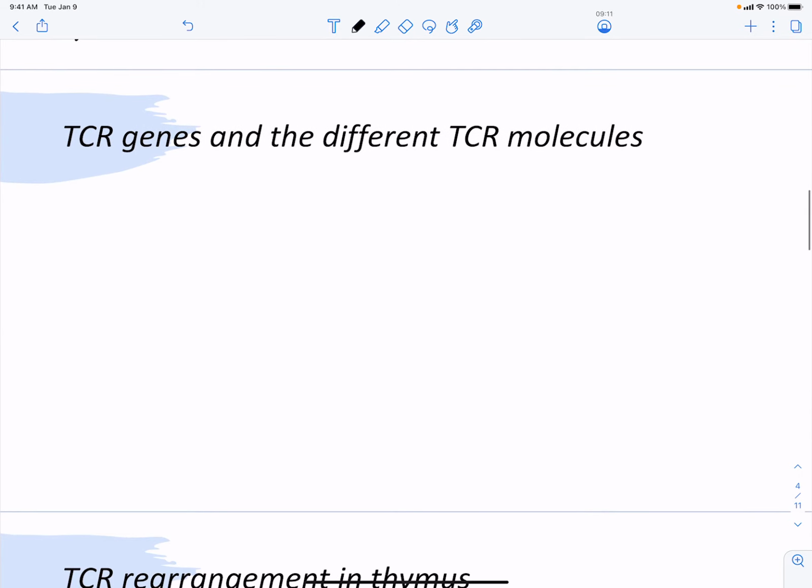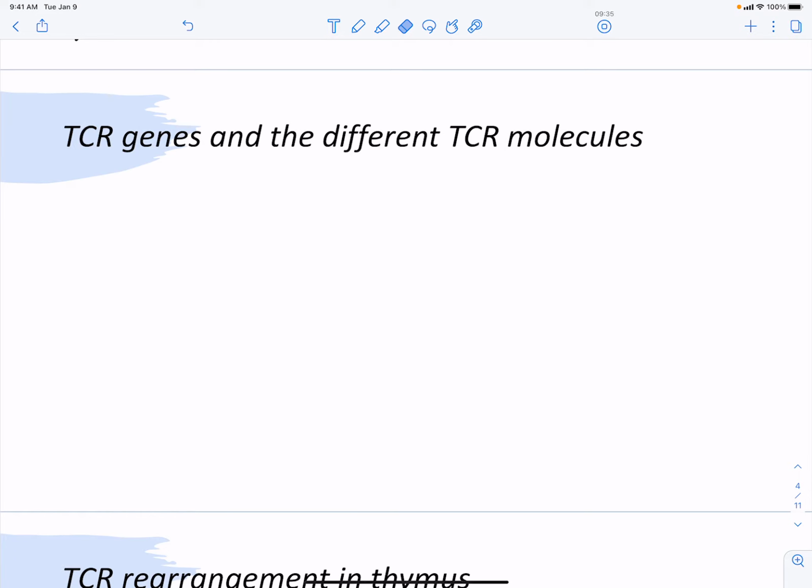Okay, so now let's talk about the genes of your T cell receptor. And we'll talk about the different T cell receptor molecules. All right, so with respect to your T cells, you have your alpha and beta chain loci.